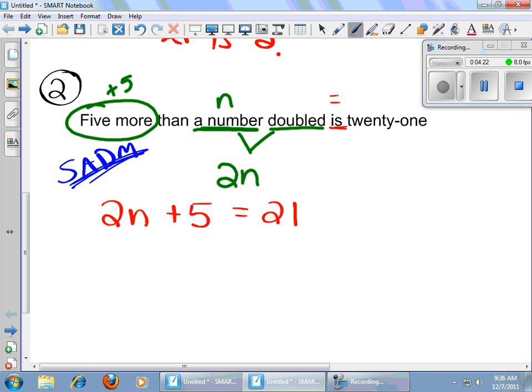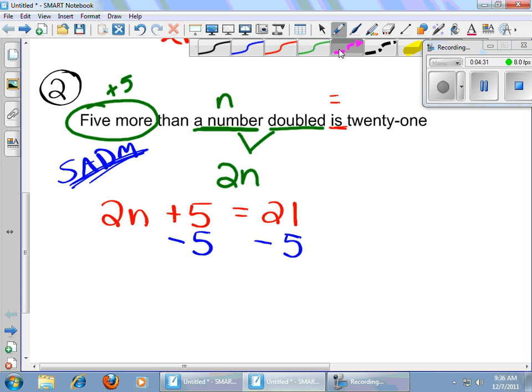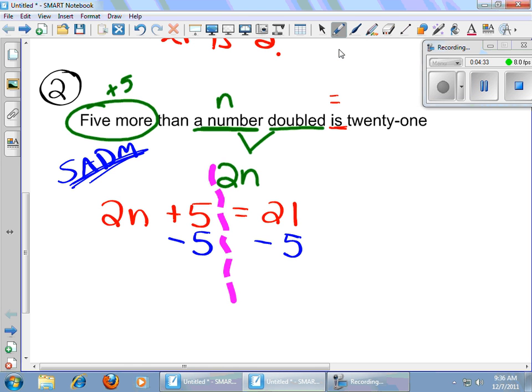Thank you very much. Saddam tells me to undo the addition first, so I will undo addition with subtraction. Now, I didn't put my Great Wall in. Maybe I should do that because some of you forget to do that. Put my Great Wall in. And when I do that, I will get 2n, the 5's cancel, equals 16.